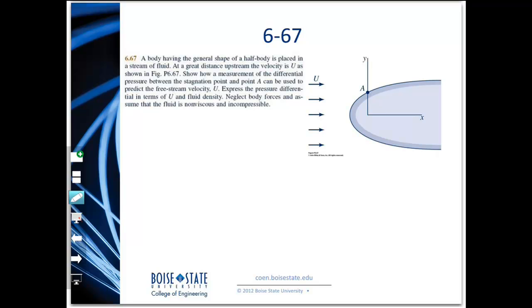So at this point, we know that we can go ahead and apply the Bernoulli equation, and for a potential flow we can apply it between any 2 points, right?